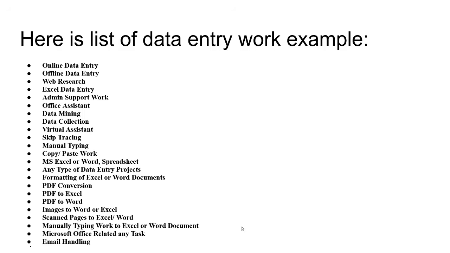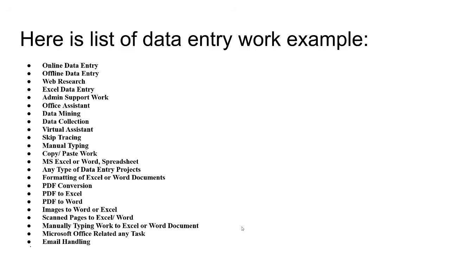So here is the list of data entry work examples: online data entry, offline data entry, web research, Excel data entry, admin support work, office assistant, data mining, data collection, virtual assistant, skip tracing, manual typing, copy paste work, MS Excel or Word spreadsheet.